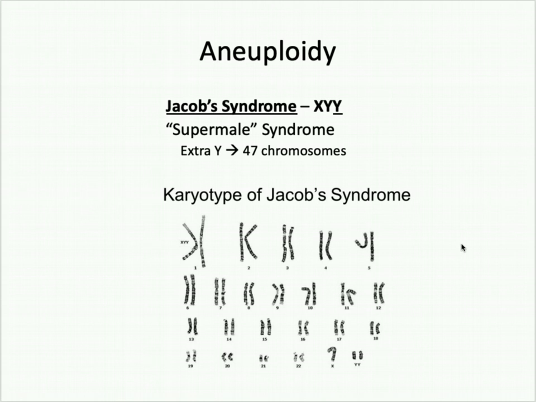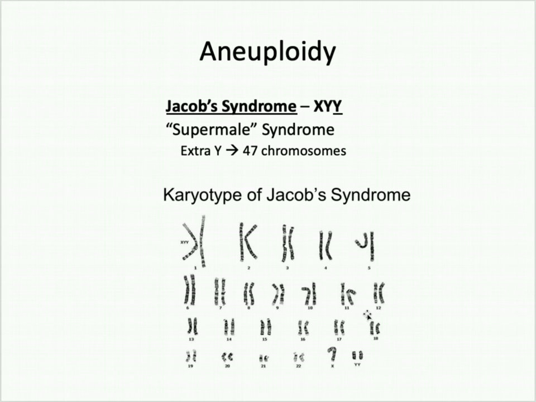And then the last syndrome that you guys need to know is called Jacob syndrome. Sometimes it's referred to as super male syndrome. It just basically means that they have an extra Y chromosome. So they are trisomy. It is affecting the sex chromosomes. And they have 47 chromosomes total.